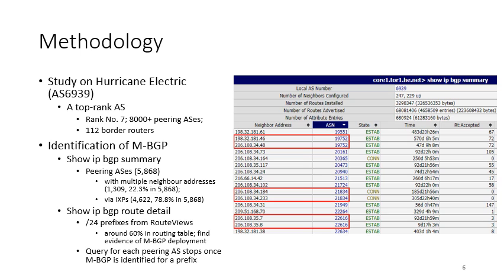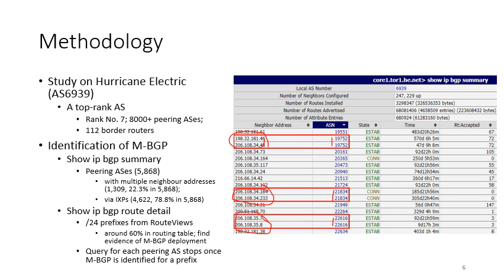The first step is to use show ip bgp summary to get a list of peering ASs at each border router. This picture shows an example response to the command. We can see that among the peering ASs, these three ASs are connected to Hurricane Electric via multiple neighbor addresses. With data from PeeringDB, we know that all these IPs belong to IXPs.